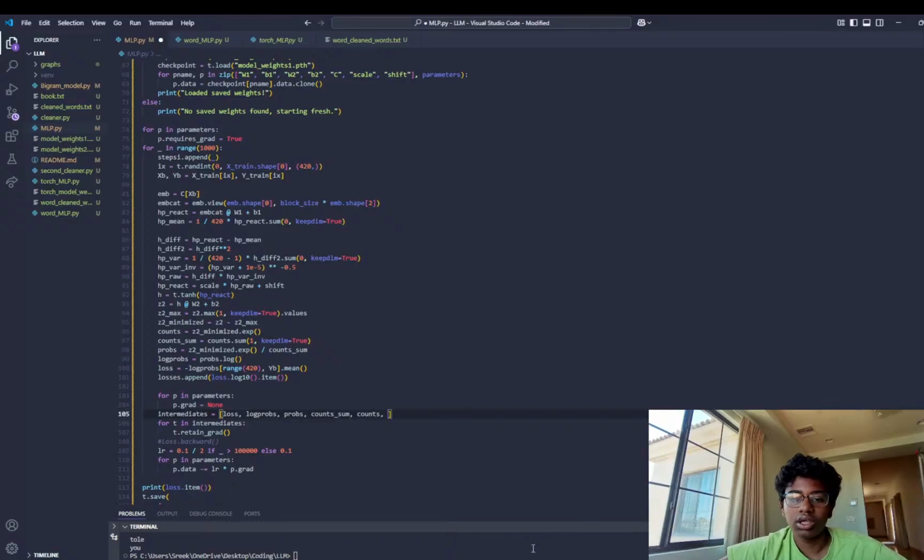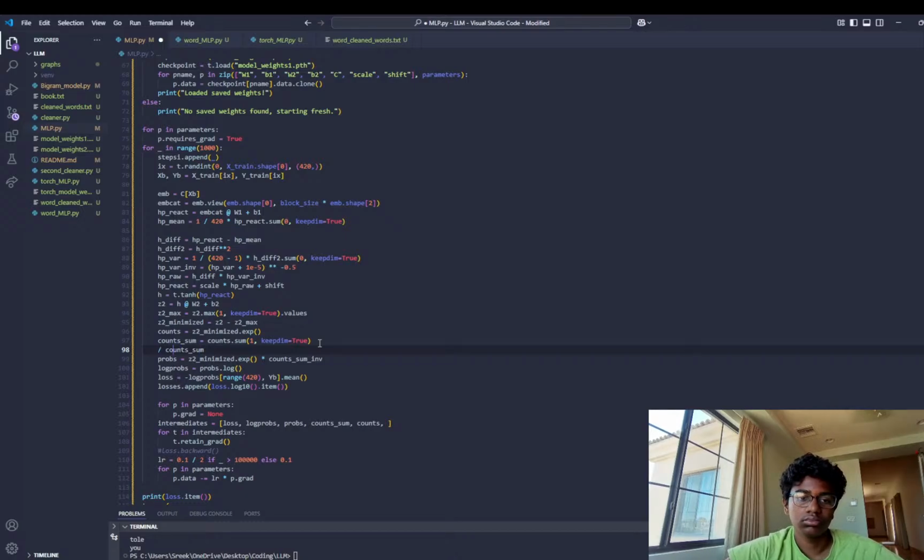Counts, counts inverse. I wish there was a nicer way to do this, but I'm not really sure what that would be.